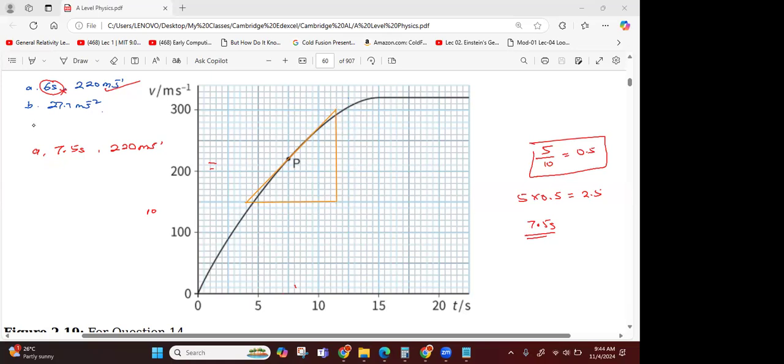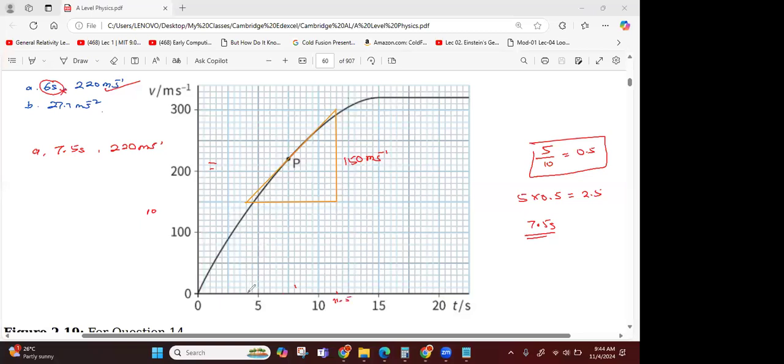Then we can mark the vertical and horizontal distance. Here 300 and this is 150. 300 minus 150 is 150 meters per second. For time, 10 plus 0.5 into 3 is 11.5.